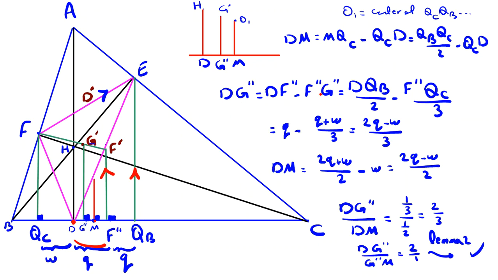And the next one, F double prime G double prime. We can say it equals what? If you pay attention, it is 1/3 of here. Also if you draw a perpendicular here, it is 1/3 of here, and this one is 1/3 of here. So G double prime F double prime is 1/3 of QC F double prime.